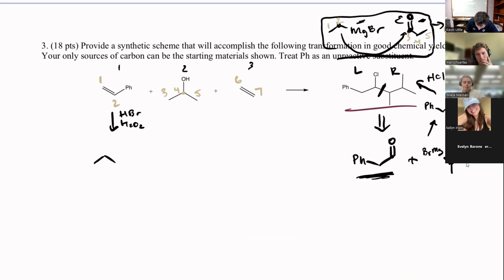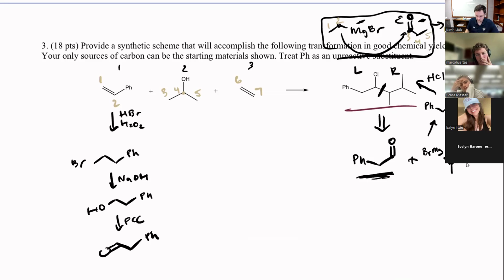Put the Br on the outside. And then you would do the NaOH, and then after that, PCC. You see these same steps over and over. It might seem complicated, but anti-Markovnikov, do a substitution, then you oxidize.